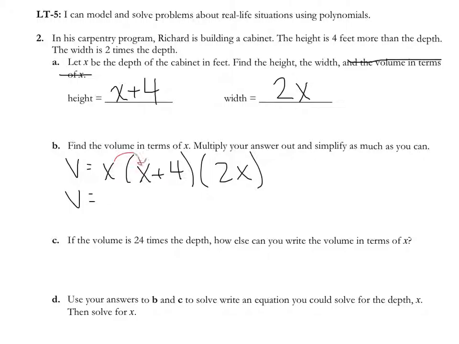I'm going to use distribution and multiply my x first by my x, and then I get x squared. And then I'll multiply my x by my 4, and that gives me plus 4x. But remember, this just comes from these 2 being multiplied together, so I still have to multiply by my 2x.